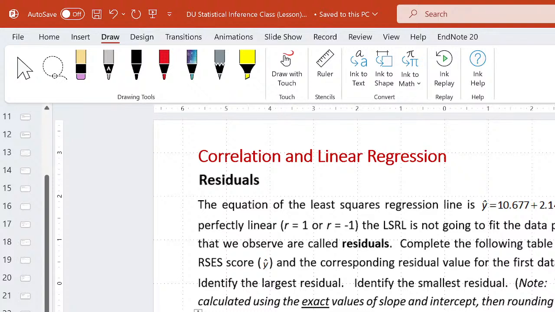There are other acceptable interpretations. Here's one of them. I like to just pick one and stick with it. Another one is for every one additional rail car, on average, the fuel consumption increases by 2.1495 units per mile. So you can eliminate the word predicted and replace it with on average, the fuel consumption increases by about.